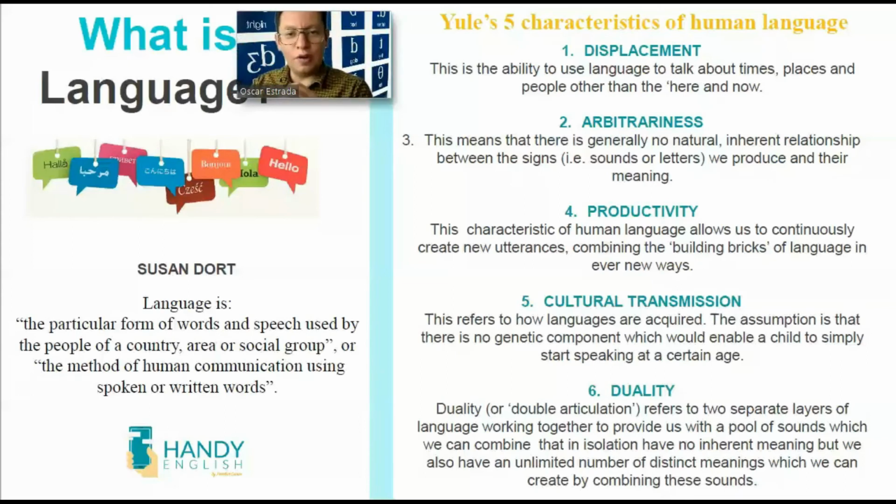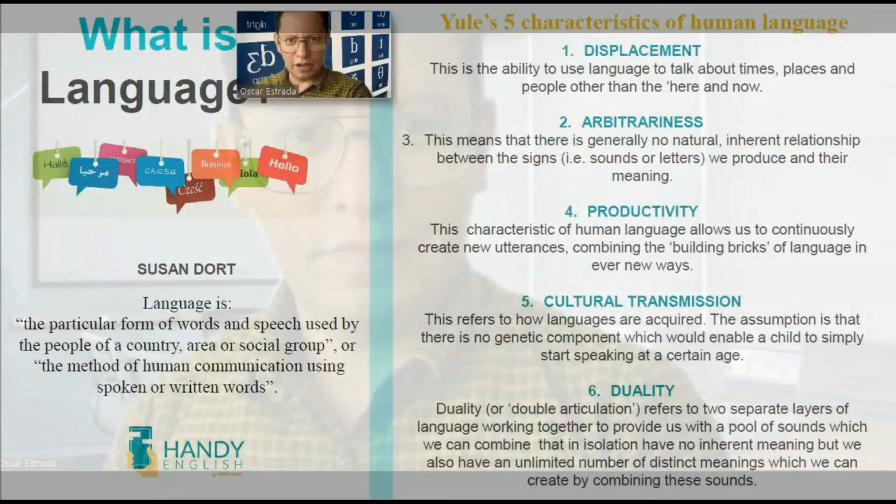At the same time, we have an unlimited number of sounds that, if we put them together, we can create new words. Also, this duality may mean that in some languages we have words or sounds that will mean nothing in another language. Well, that is called duality, and this is language.